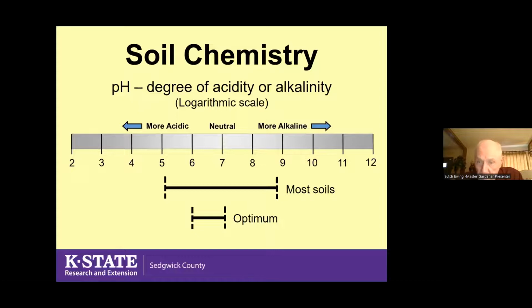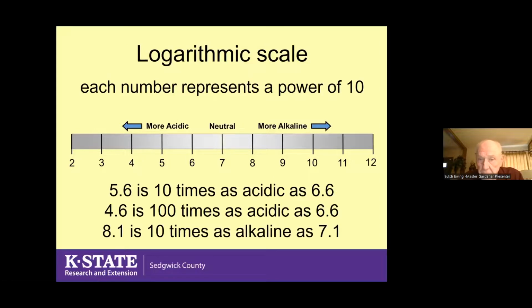pH range. Now, the important thing about this scale is that it's a logarithmic scale, so that each number on the scale doesn't just represent 1, it actually represents a power of 10. So that, let's say, for instance, 5.6 would be 10 times as acidic as 6.6.